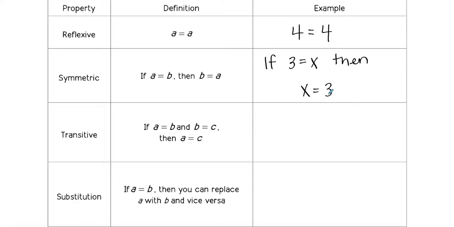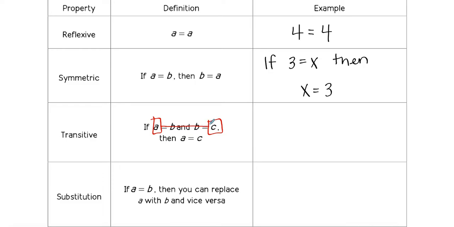Transitive. For the transitive, I think of a train. So it says if A equals B and B equals C, then A equals C. So you're allowed to connect the front of the train to the back of the train as long as the middle section is the same.